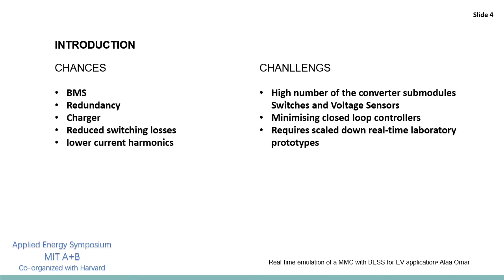There are some other operational aspects, such as minimizing the circulating current and balancing the state of charge of the batteries, in addition to the main control function of driving the electric vehicle motor.